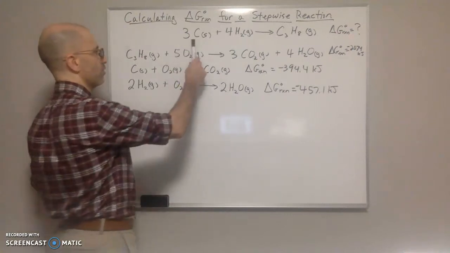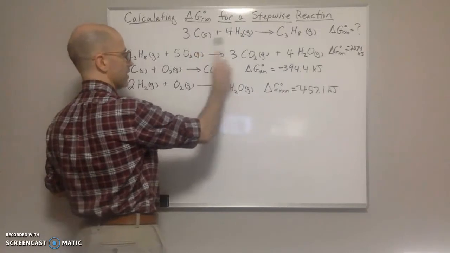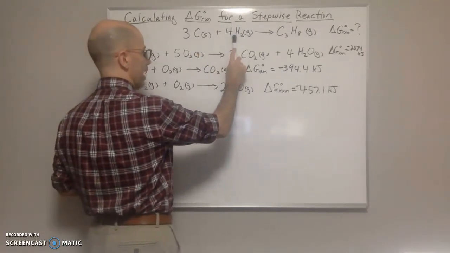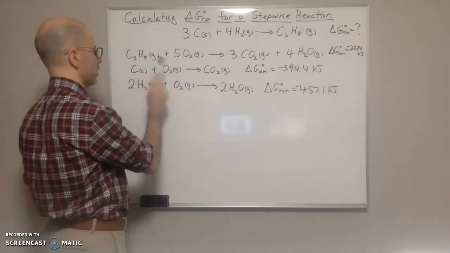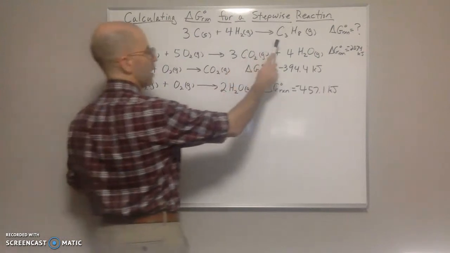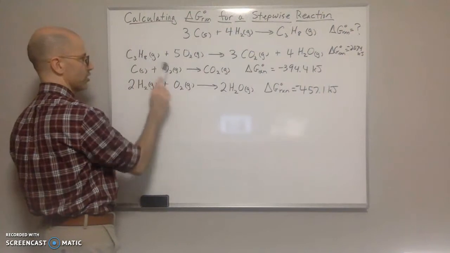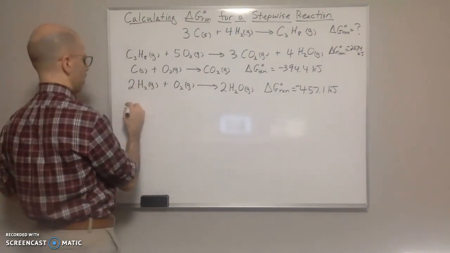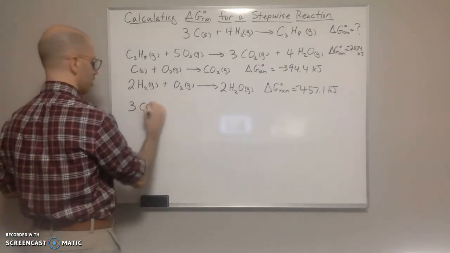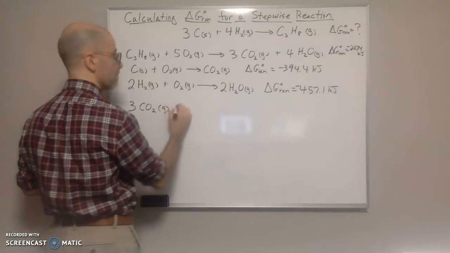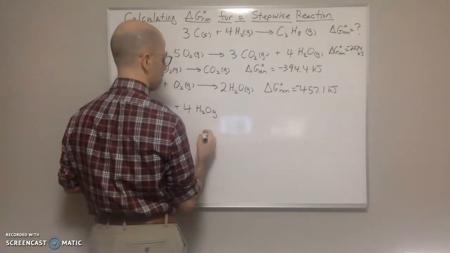Okay, so this is our target. So we want carbon solid as a reactant, and we want hydrogen gas as a reactant. So we're going to look at the equations here. We want C3H8 as a product, and here we have it as a reactant. So what we're going to have to do is reverse it. So we'll have 3 CO2 gas plus 4 H2O gas, right?